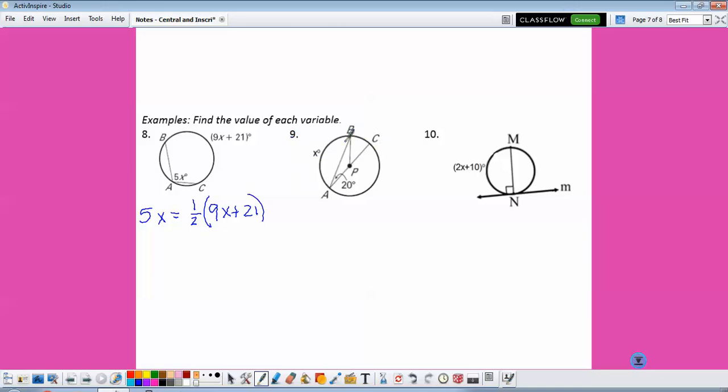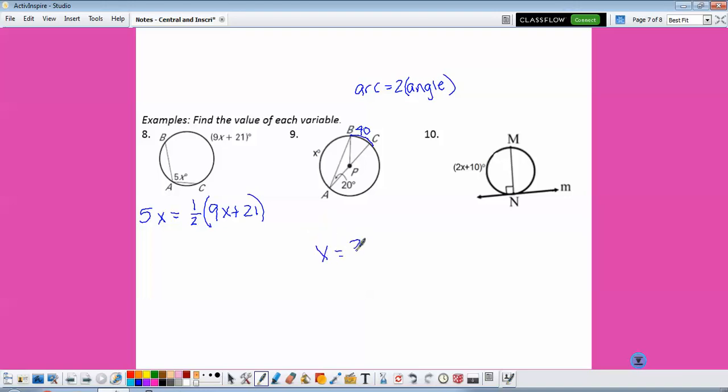For angle BAC this time, it's 20 degrees. If the arc is 20 and has to be half of what this was, in other words, the arc equals 2 times the angle, that tells us that arc BC is 40 degrees.